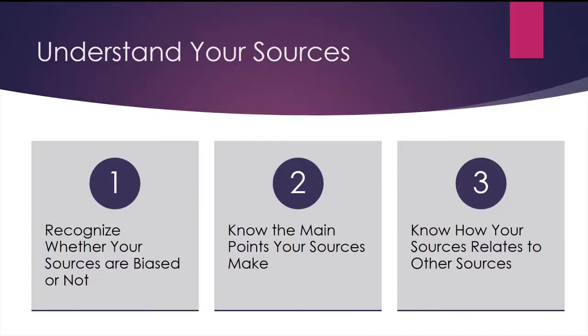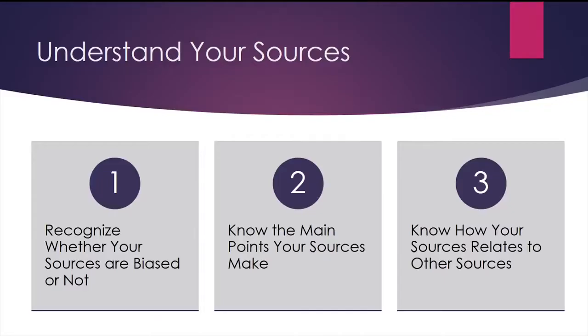Before you can bring sources together, you need to understand them. You need to know what it is you're trying to combine. So this means that you have to recognize whether or not the sources that you're talking about are biased or not.